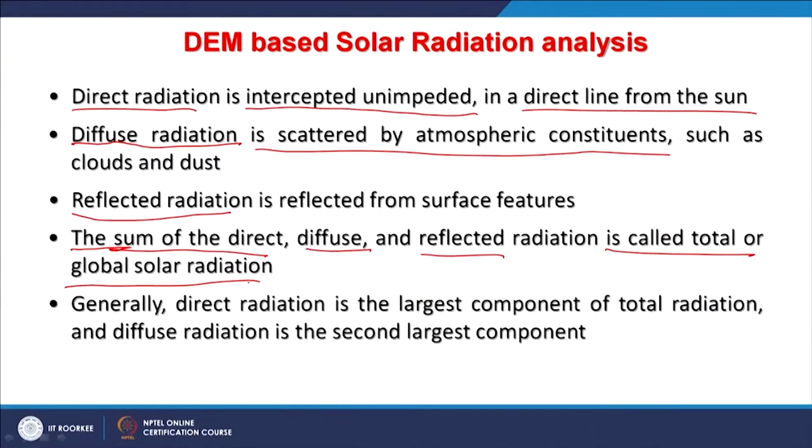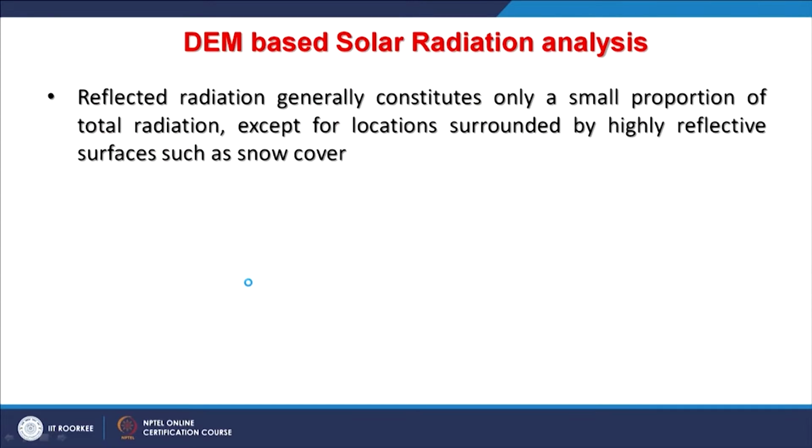Now, further, generally this direct radiation, as you know, is the largest component of total radiation, because that is how this energy is reaching. Though in between there is an atmosphere, it still has the major role towards solar energy generation. The second position is held by diffuse radiation, and of course reflected radiation will have the third one.